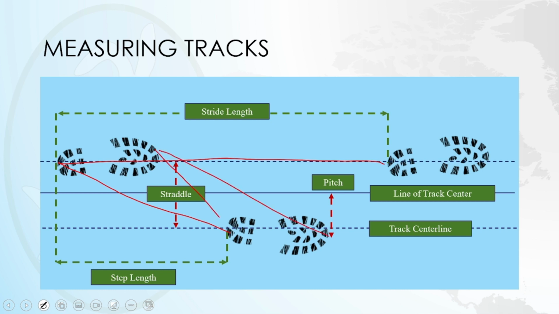toe, toe to heel. Whatever information you have available to you, the big thing here is as you're recording these measurements, put down what the measurement is. Left heel to left heel, left toe to right heel. Those measurements mean something to us when we're trying to communicate this to somebody else.